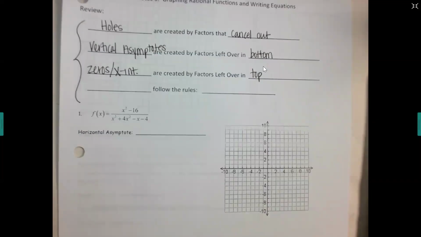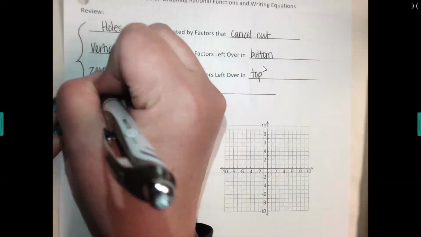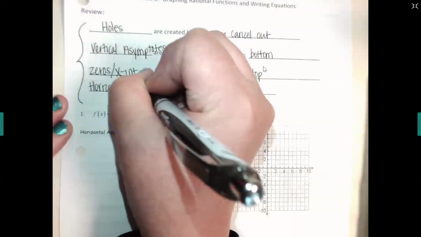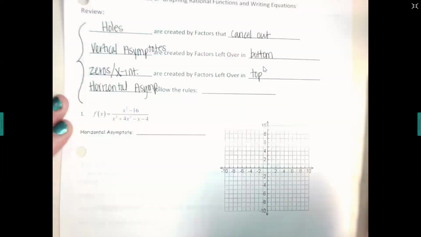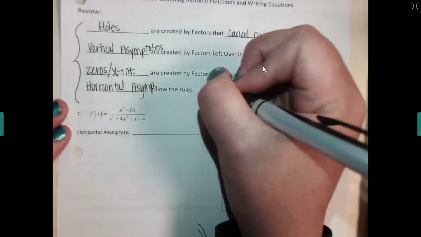The last thing we added to your notes was horizontal asymptotes. And remember that horizontal asymptotes, I'm just going to abbreviate that, are where you follow the rules Bobo, Bot, and Betsy.